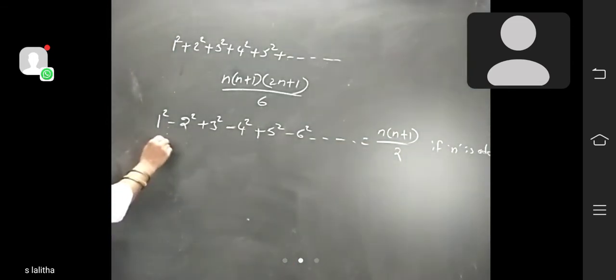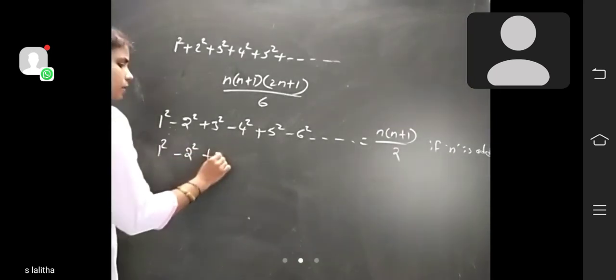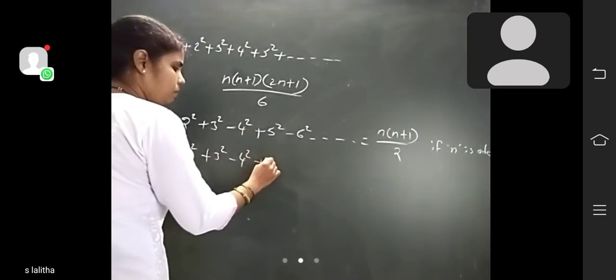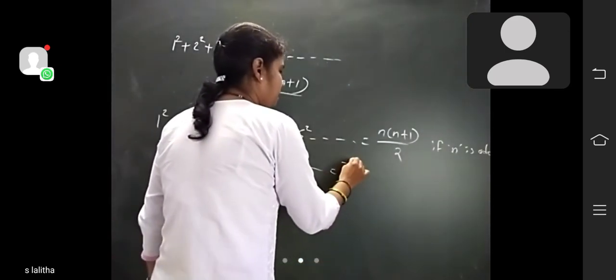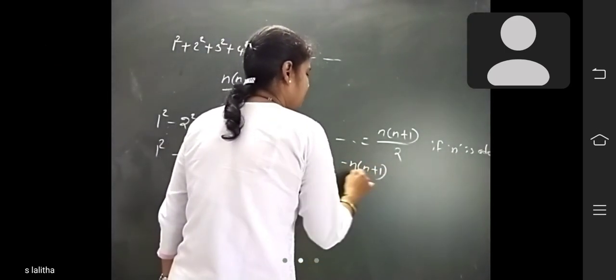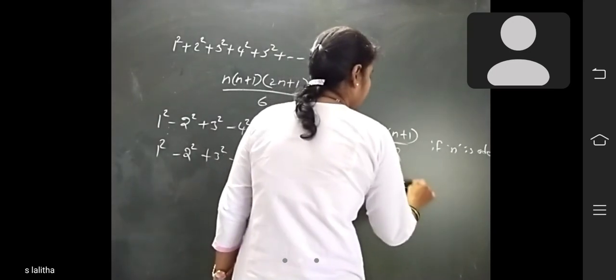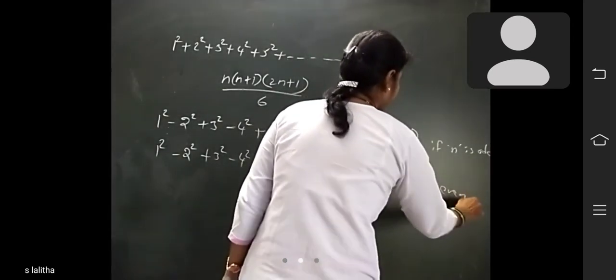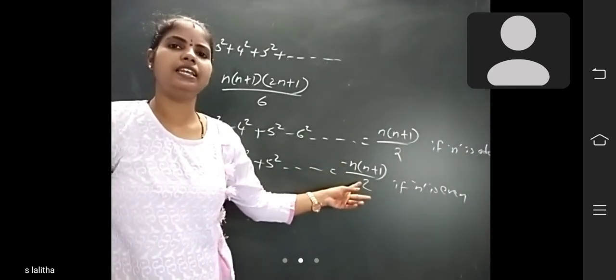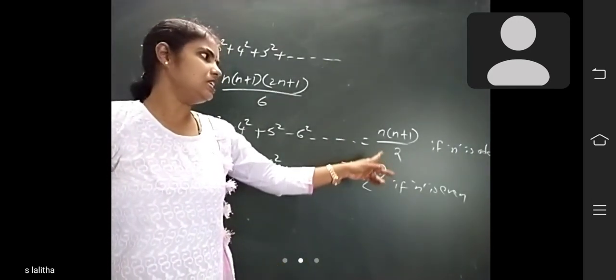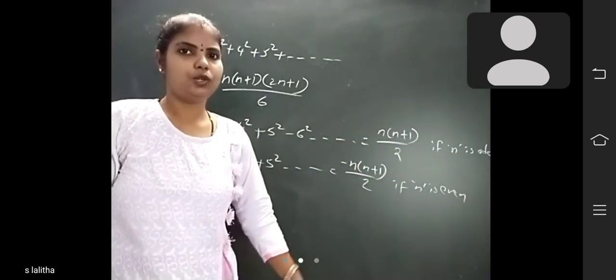The same series, 1 square minus 2 square plus 3 square minus 4 square plus 5 square and so on, is equal to minus n into n plus 1 by 2 if n is even. If n is even, the formula is minus n into n plus 1 by 2. If n is odd, it is n into n plus 1 by 2. Okay.